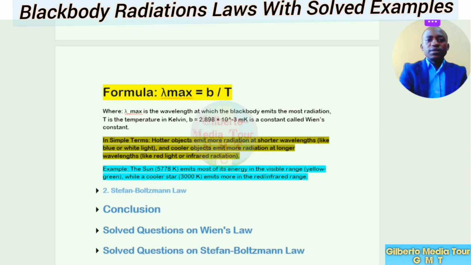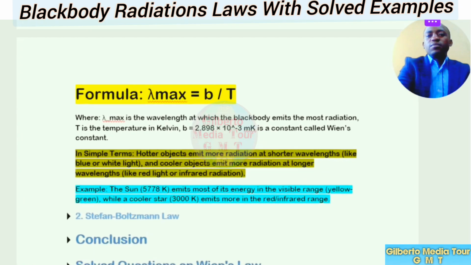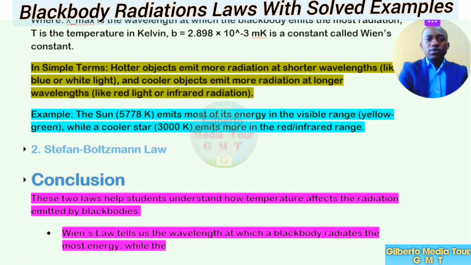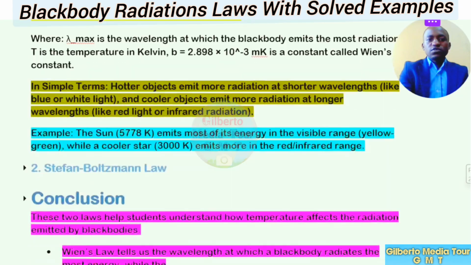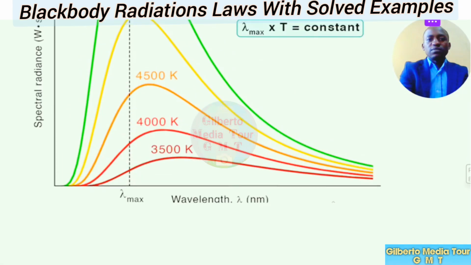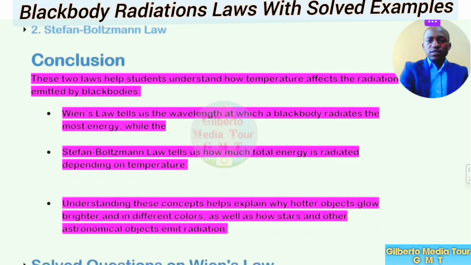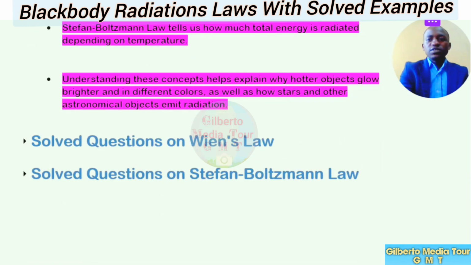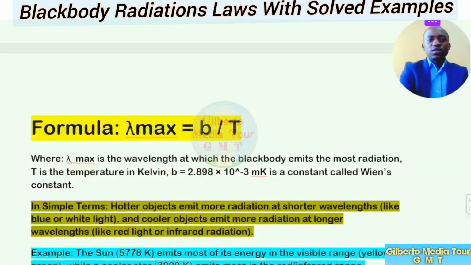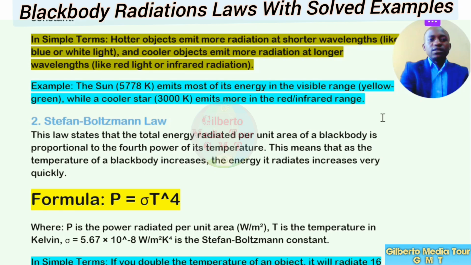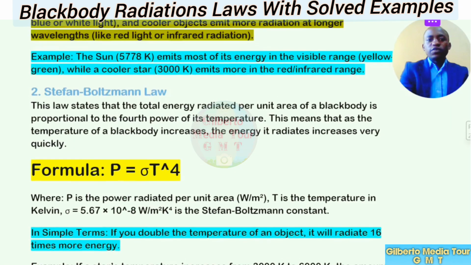There is another law, which is the Stefan Boltzmann law. It is a law that also explains Blackbody radiation, where the second law says that every body, without considering how hot or cold, will emit an intensity that is directly proportional to the fourth power of its temperature.